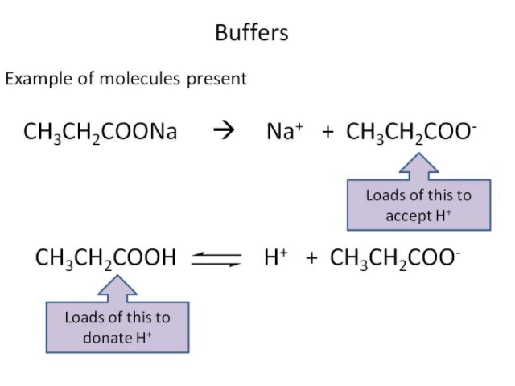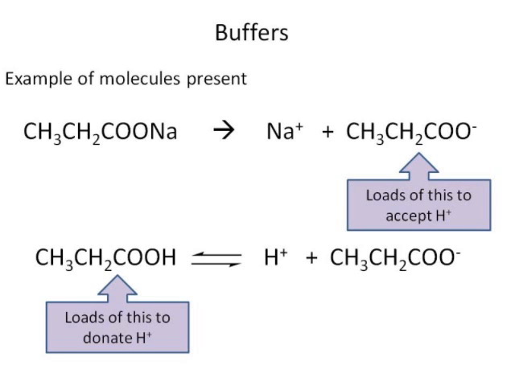The propanoic acid becomes a donator of H plus. So if H pluses are added to the solution, they associate with the propanoate, and if H pluses are removed from the solution, the acid will dissociate to replace them. So we have a buffer that maintains a steady pH, a steady concentration of hydrogen ions.